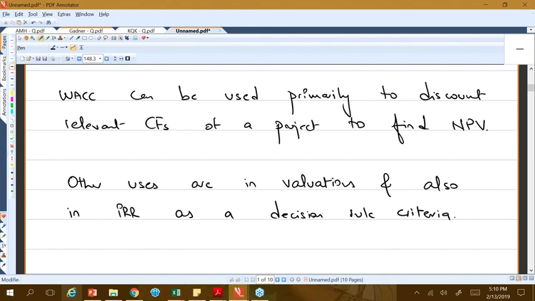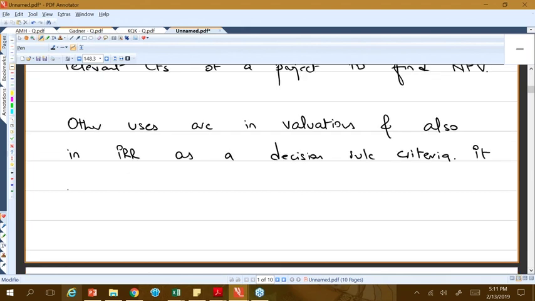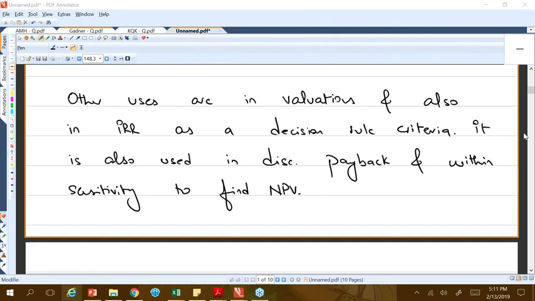So that criterion is basically your cost of capital. It is also used in discounted payback and within sensitivity analysis to find NPV, which we already know is used to find the NPV. So we use WACC in quite many places.